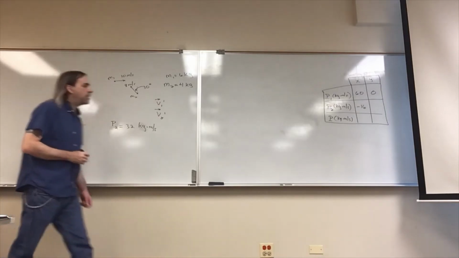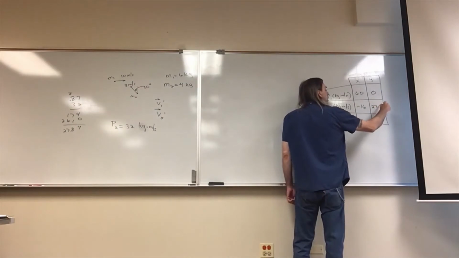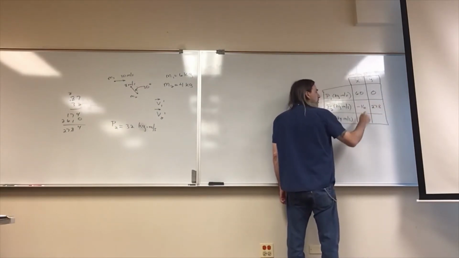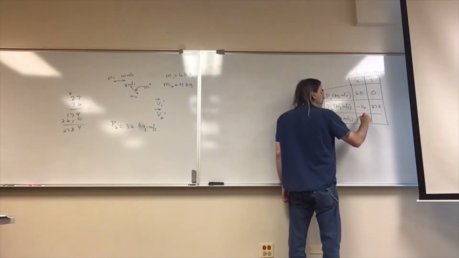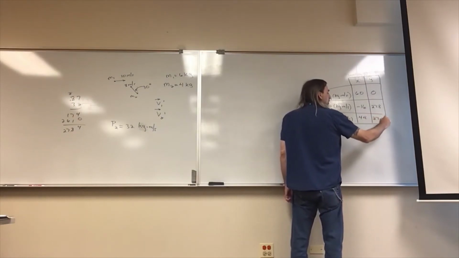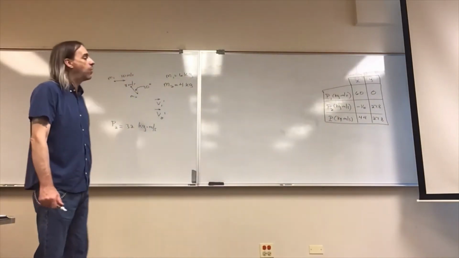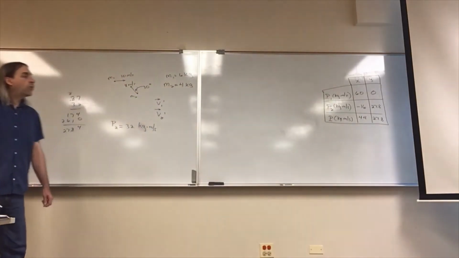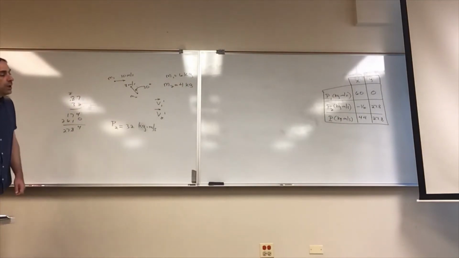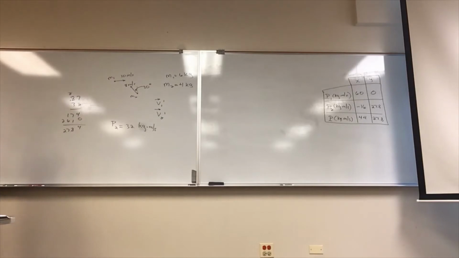So let's say 27.8 in the y direction. And we can add these up. So we have the total momentum of the system in our xy plane. It's 44 in the x direction, 27.8 in the y direction, in units of kilogram meters per second.